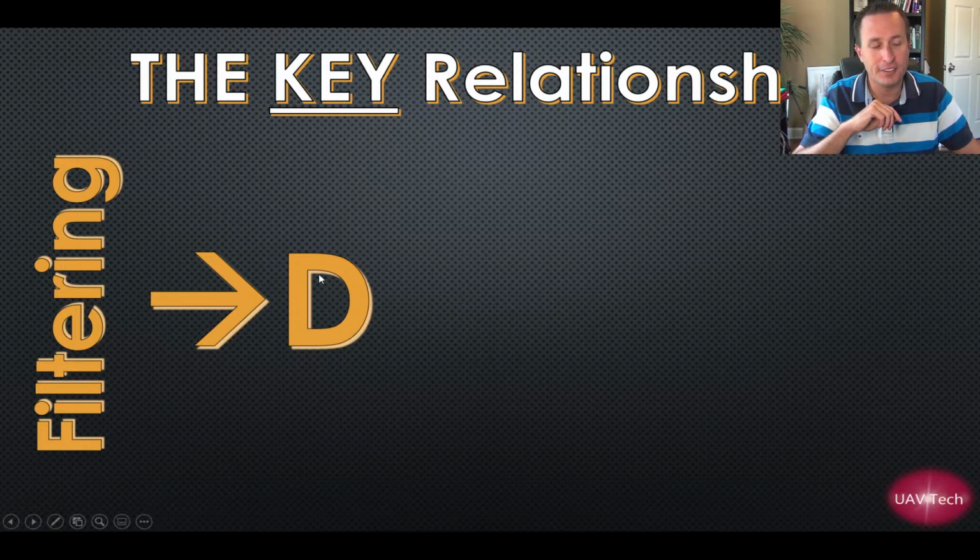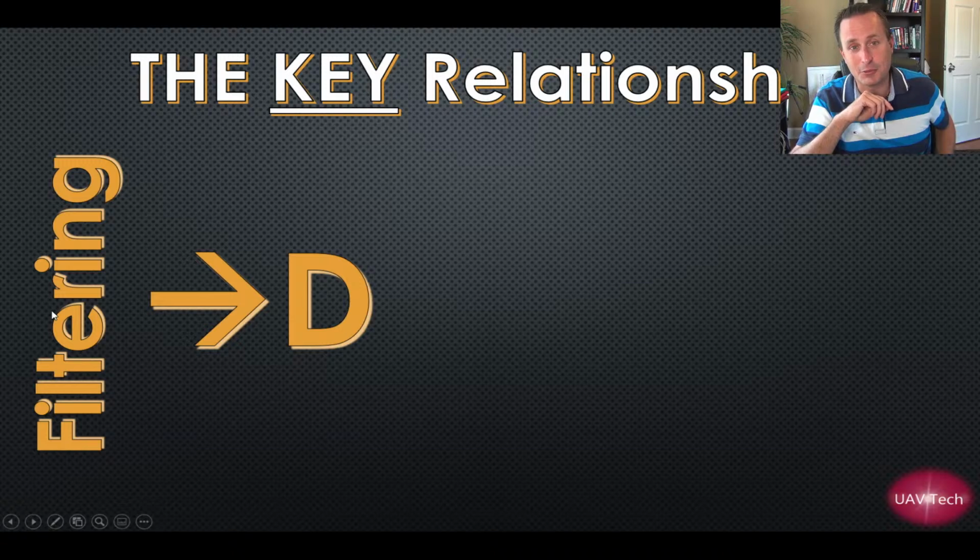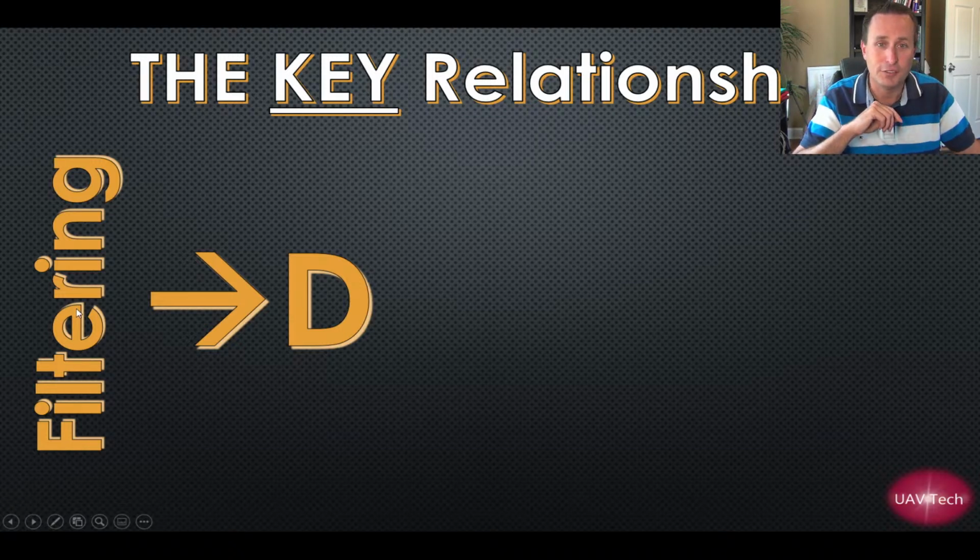You can have any given D term for any given filtering. What matters is the ratio between the two. If you have a lot of D term, you typically need a decent amount of filtering because your signal needs to be really smooth. If your D gains are lower, then you can have less filtering. So it's that relationship between the two.